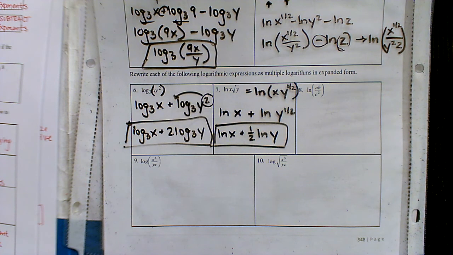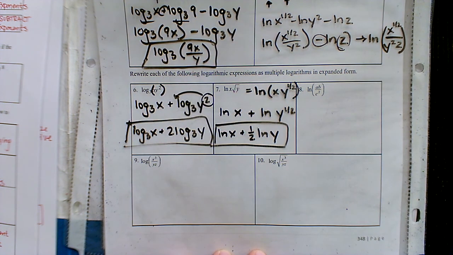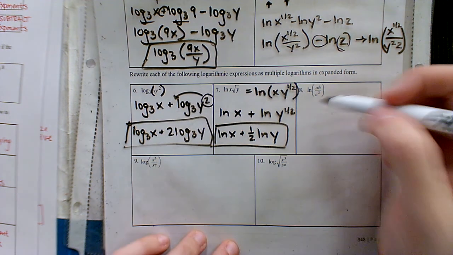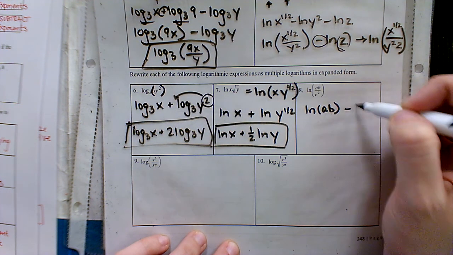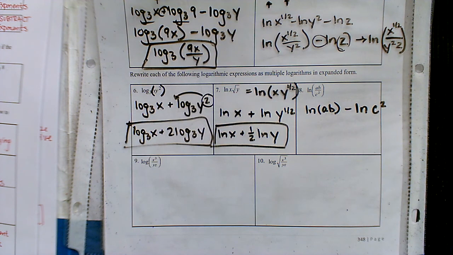The multiplication only applies to the top piece. Do you guys notice how the division encompasses the entire argument? So we're probably going to break that one up first. We can do natural log of AB minus natural log of C squared. Basically the top part minus the bottom part.